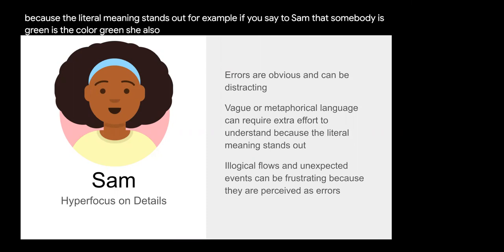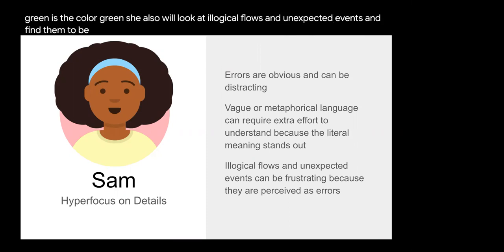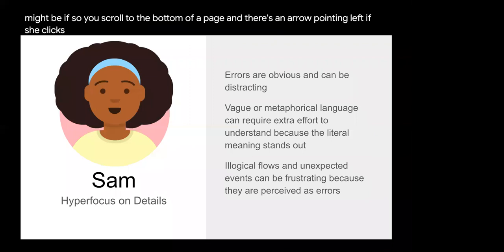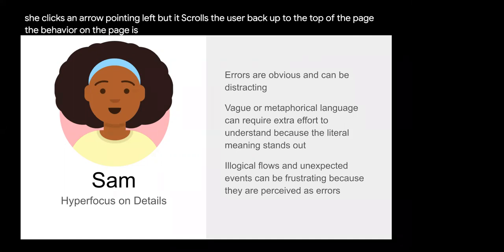She also will look at illogical flows and unexpected events and find them to be frustrating because they are perceived as errors. An example of this might be if you scroll to the bottom of a page and there's an arrow pointing left. If she clicks an arrow pointing left, but it scrolls the user back up to the top of the page, the behavior on the page is behaving differently from what was expected based on the affordance of the arrow itself.